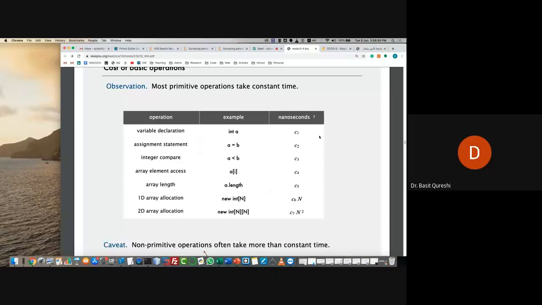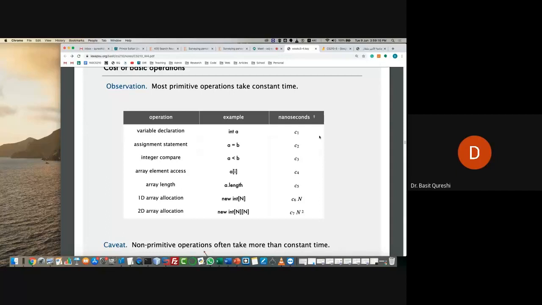For example, look at 1D, single dimension array allocation. If I want to declare an array of size n and copy values into it, filling it up, one value at a time, and the size of the array is n, it's going to take some constant time multiplied by n operations. Same goes with the 2D array.